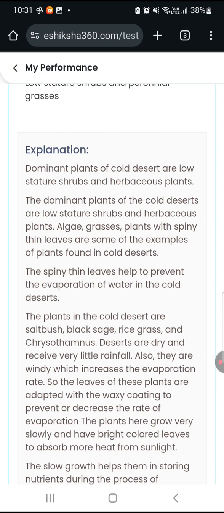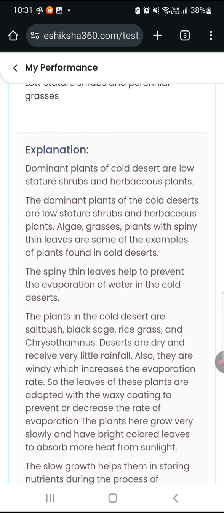Algae, grasses, plants with spiny thin leaves are some of the examples of plants found in cold deserts. These spiny thin leaves help to prevent the evaporation of water in the cold desert. The plants in the cold desert are salt bush, black sage, rice grass, and Chrysothamnus.